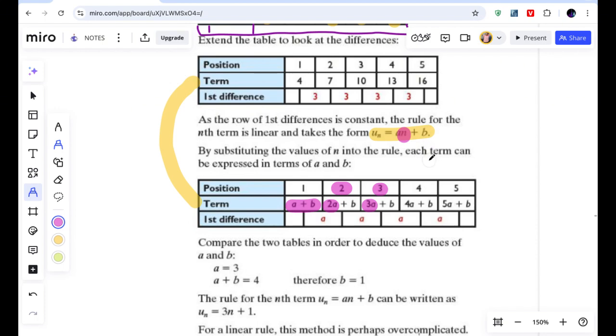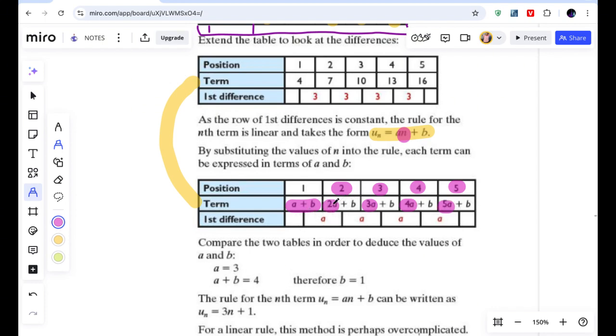For position 4, n is 4. 4 times a, I get 4a plus b. For position 5, n is 5. 5 times a, I get 5a plus b. So this is what I get for all of these. Now I find the difference.